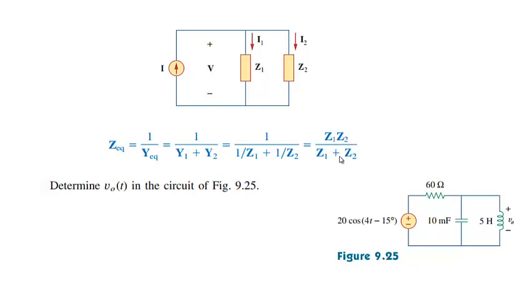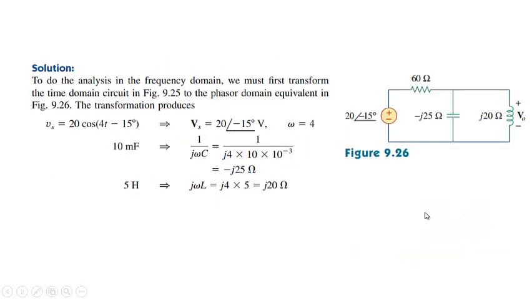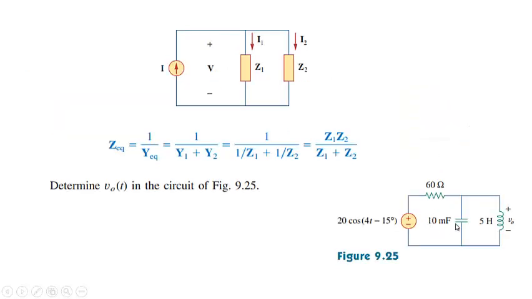So using this impedance in series and parallel and other concepts that we just discussed, let us try to determine V naught, that is the voltage across the inductor, by using the phasor form. Converting to the phasor form, you can see the 10 millifarad capacitor.